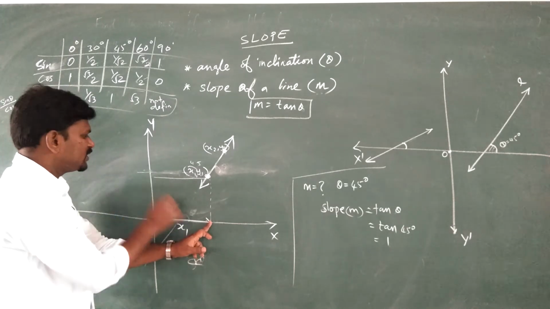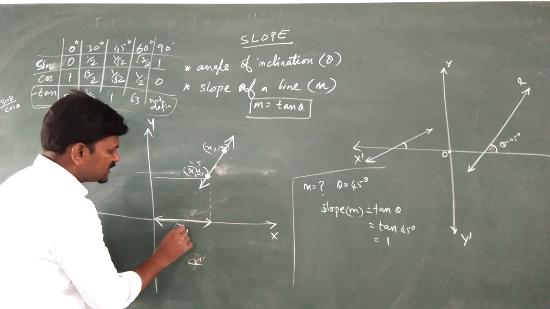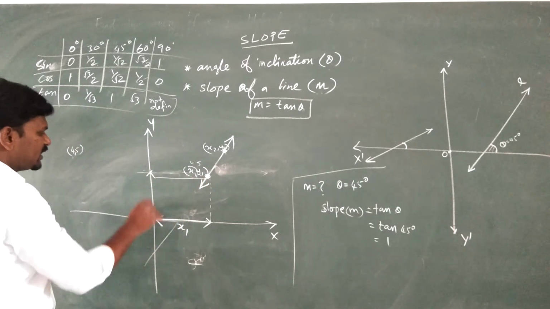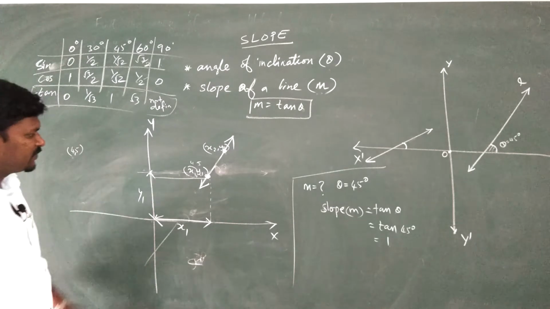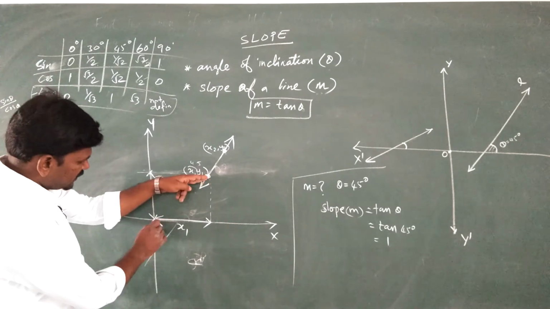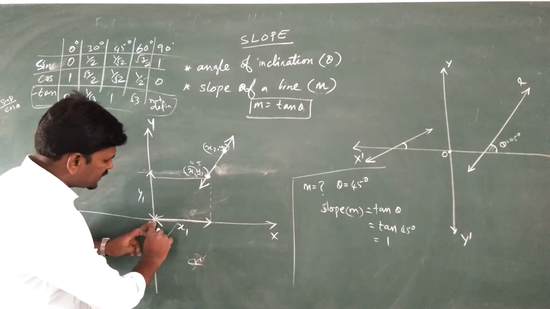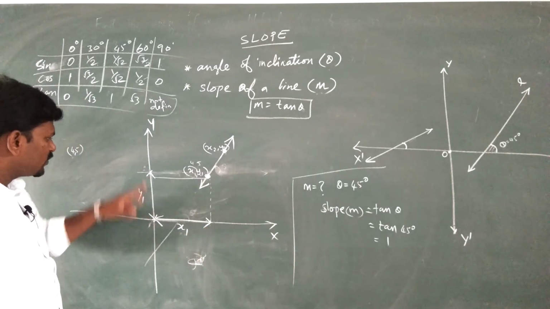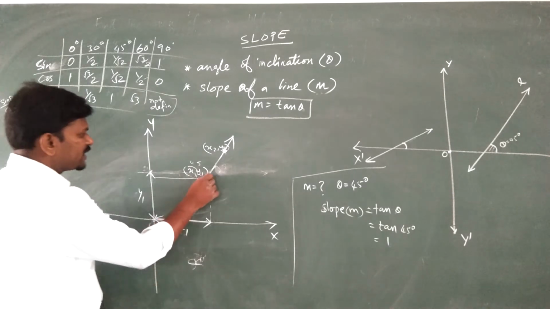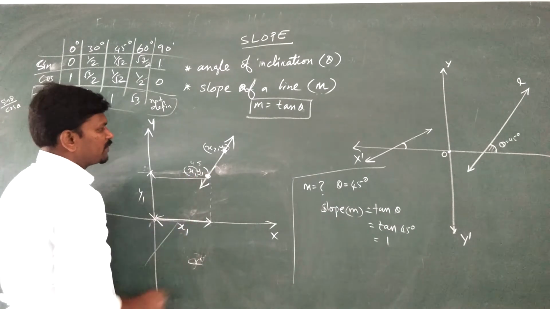So this distance is x1, then this distance is y1. So this point is, from the origin, x1 distance in the x axis and y1 distance in the y axis. So we are marking this point as x1 y1.